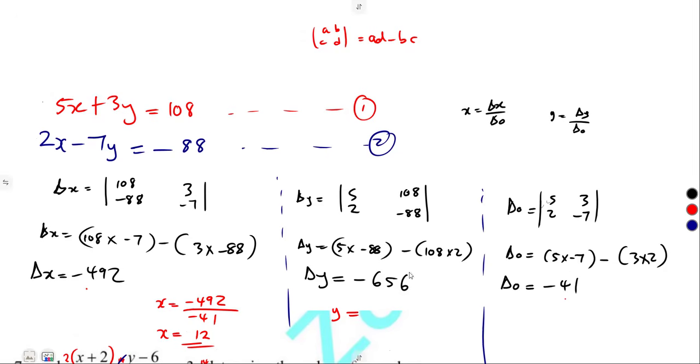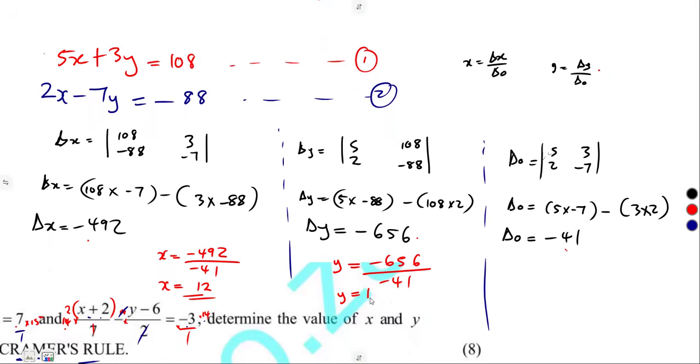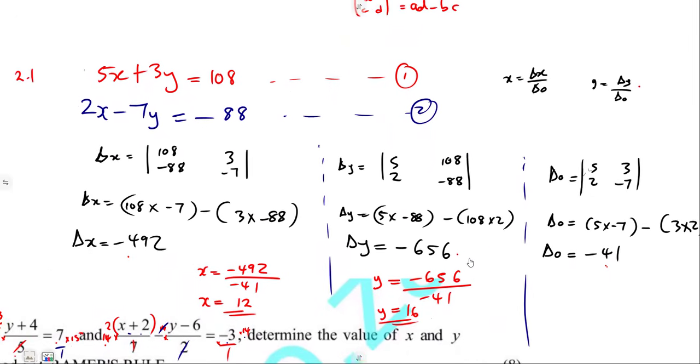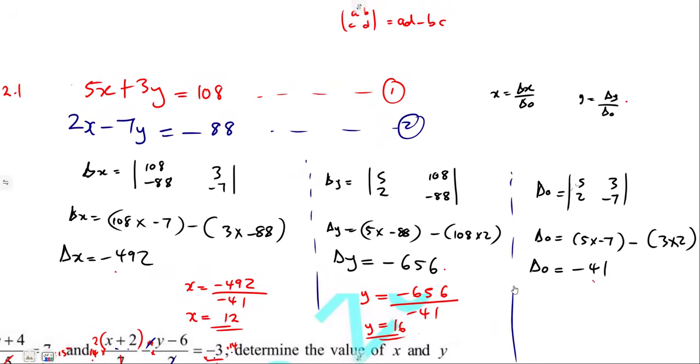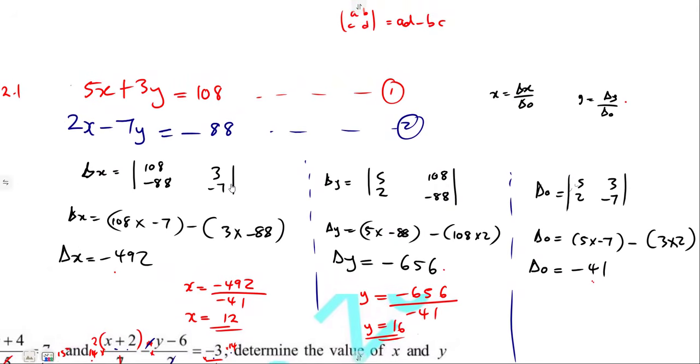And y is equal to delta y, which is negative 656, and your delta naught, negative 41. Y was going to give us 16 from here. So that is basically what you're going to have on 2.1 if you were to remove the fractions and have a proper linear equation that you are used to, all right?